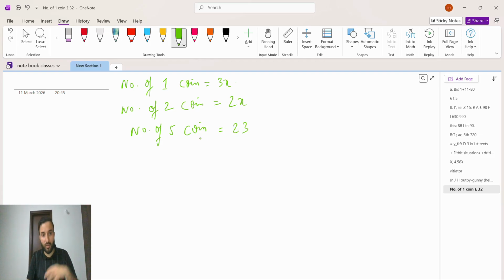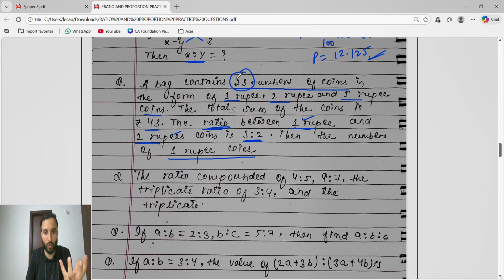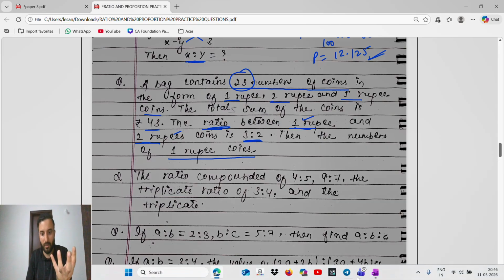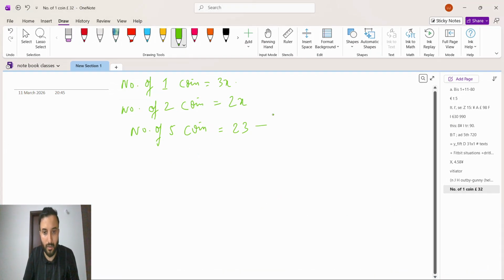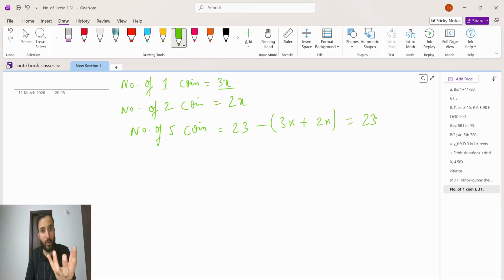So to find only the 5 rupee coins, from the total 23 coins we will subtract 3x plus 2x, 5x, that is the 1 rupee and 2 rupee coins. So the remaining is 5 rupee coins: 23 minus 5x. Okay. Now guys, we will see the sum of coins.